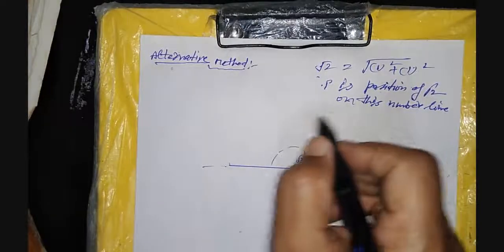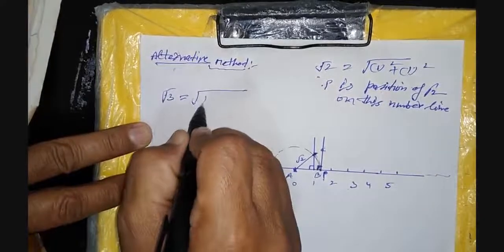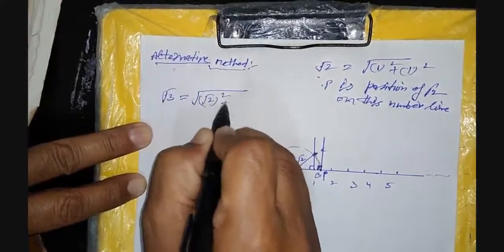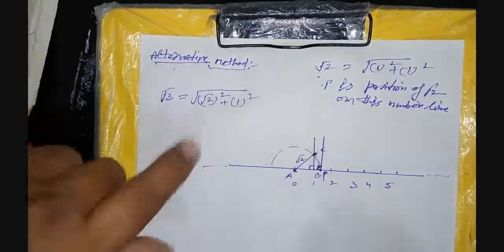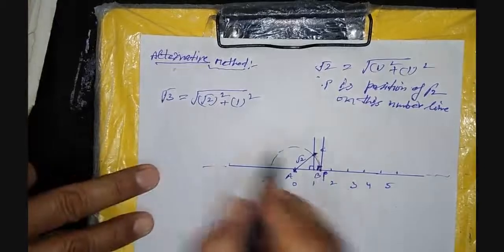As we have seen, root 3 can be broken into two values, that is root 2 and 1. Now our base is this AP.